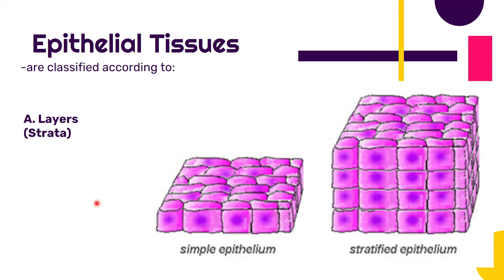If it is one layer, we call that simple epithelium. If our epithelium is made up of 2 or more layers, we call it stratified epithelium because it is made up of more than one layer. Okay, got it.